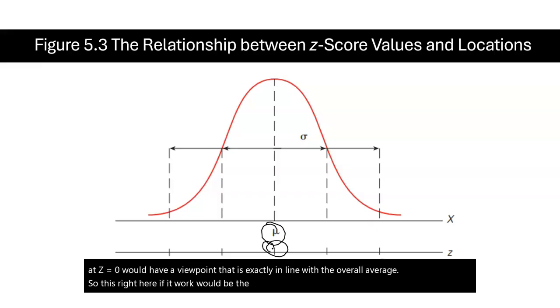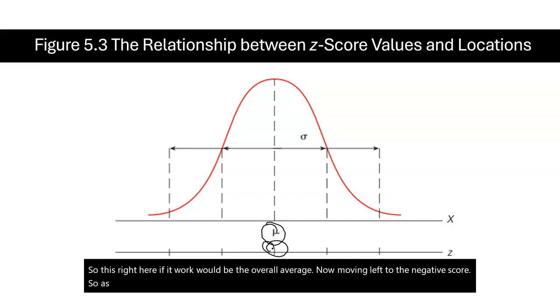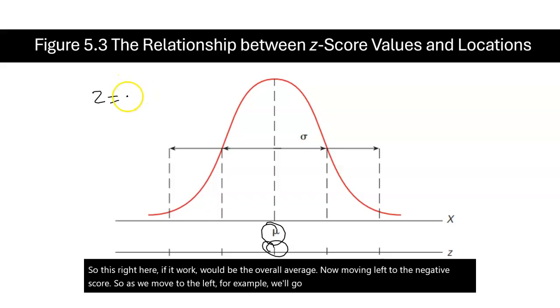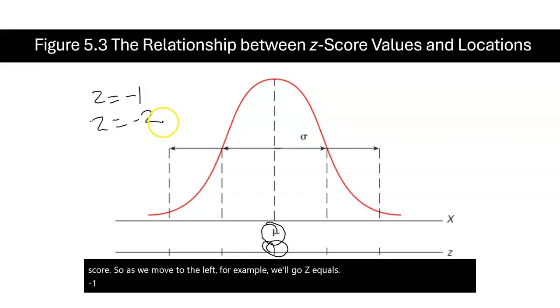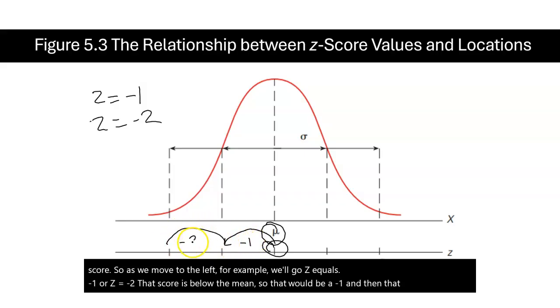Now moving left to the negative scores. As we move to the left, for example, we'll go to z = -1 or z = -2. That score is below the mean. So that would be a -1, and then that would be a -2.